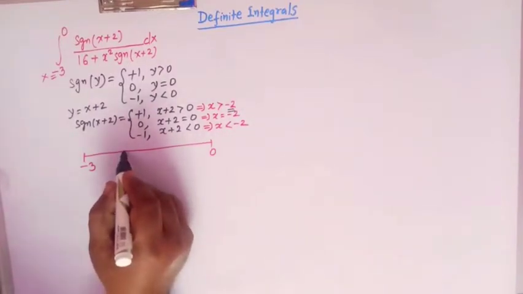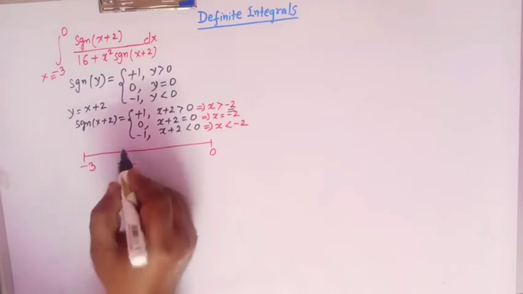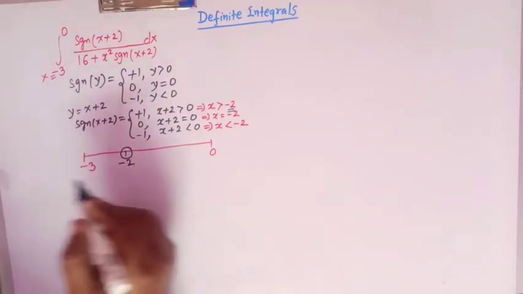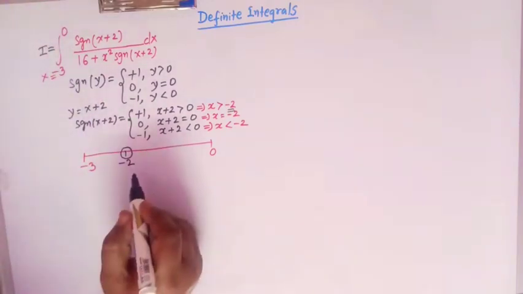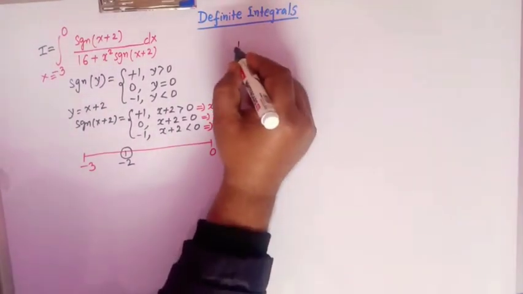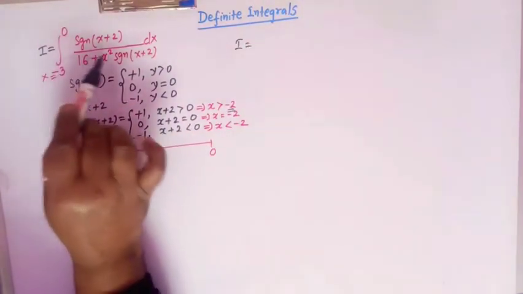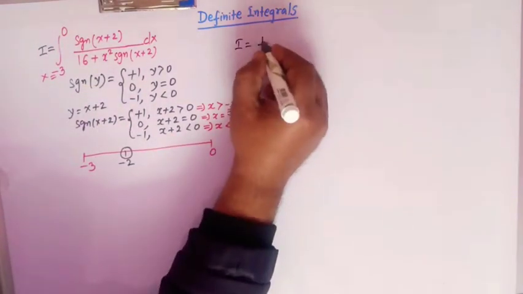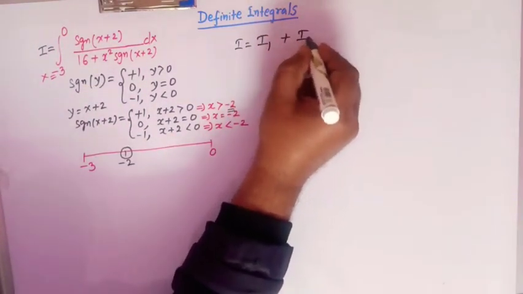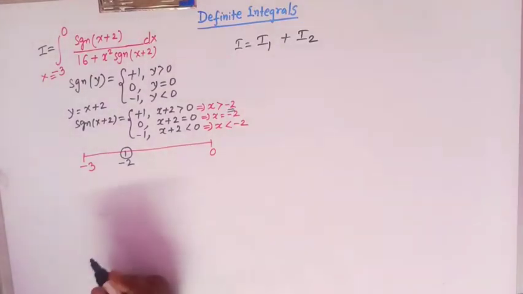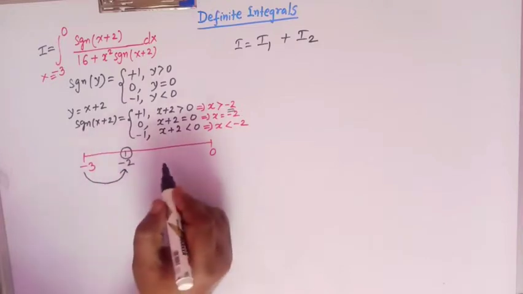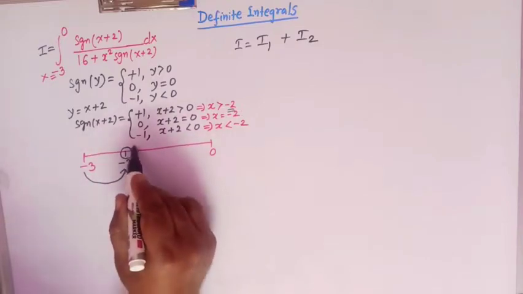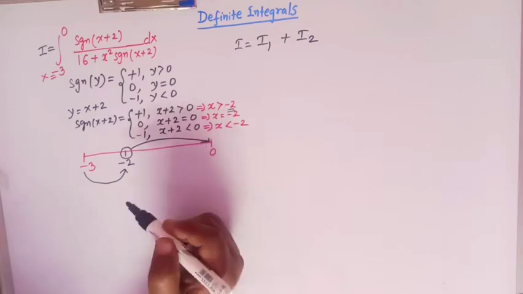Here -2 is the point where we have to break the integral. Let us call this integral I, and divide it as a sum of two integrals, I1 and I2, where I1 is from -3 to -2 and I2 is from -2 to 0.